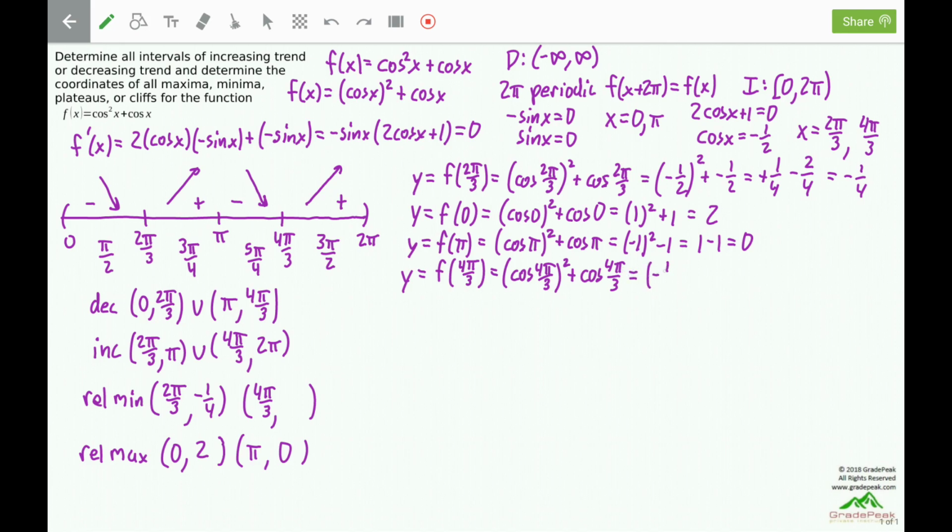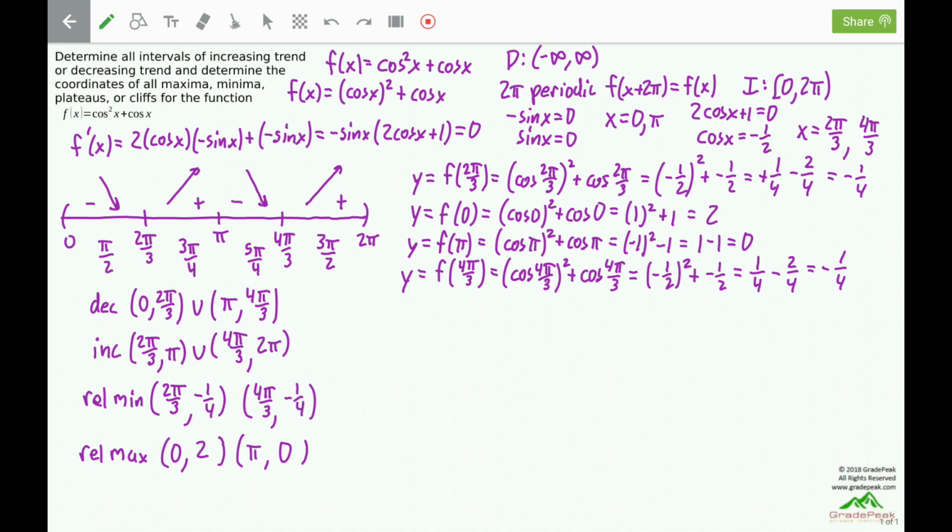Pi over 3 equivalent means it's a negative 1/2. So it looks like this will have the same results as the 2 pi over 3 had, a positive 1/4 minus, we can write this over a common denominator and combine them together, it'll be a negative 1/4.